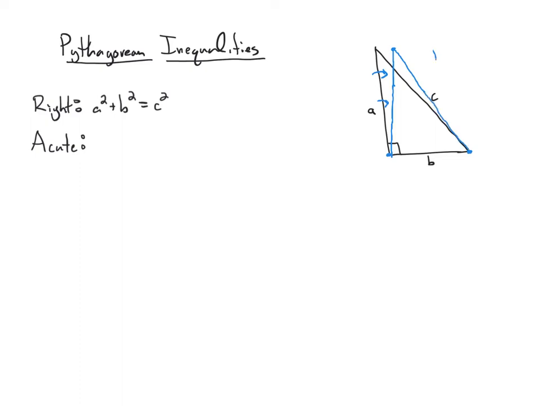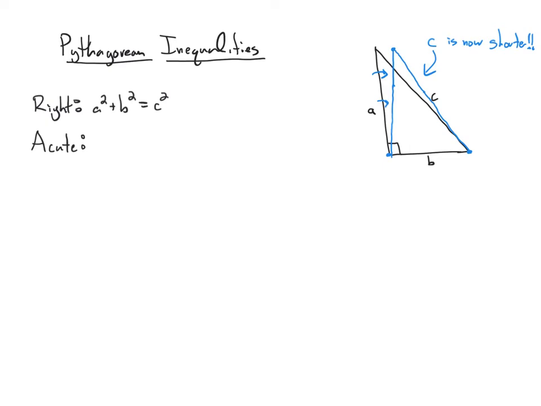You can see that C has gotten shorter. So as I rotate this side A so that this angle here is less than 90 degrees, it makes the hypotenuse shorter and shorter and shorter.